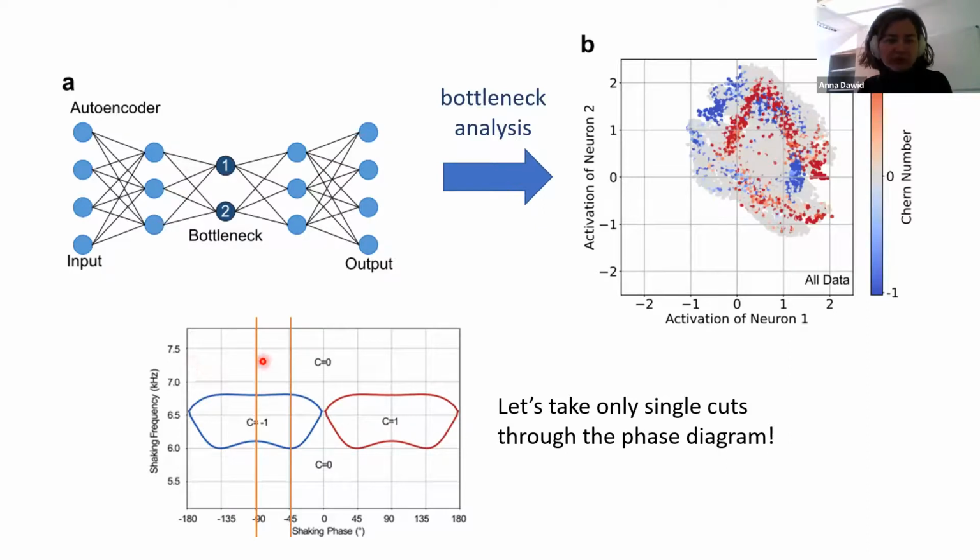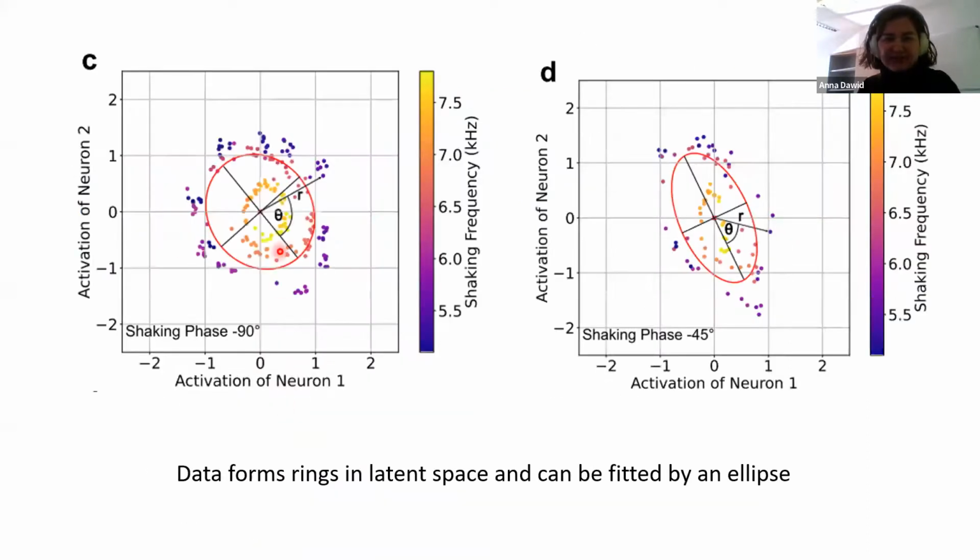And when you train your autoencoder in this way and analyze the latent space like this, we start seeing something. There is some circular tendency of the data. You can fit the ellipse here. There are different radii of this ellipse, and there is some angle here. There is some structure to the data.